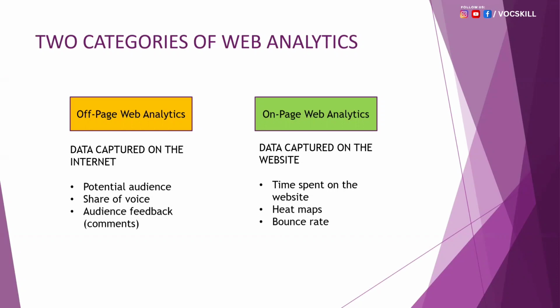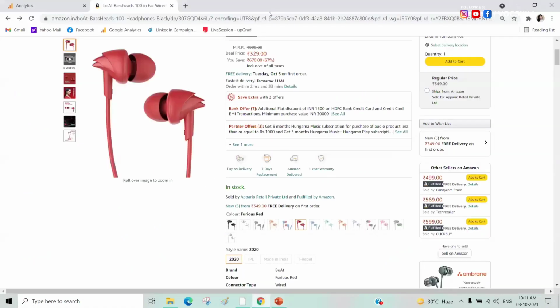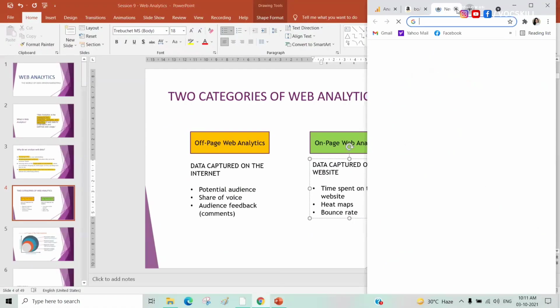So if I go to Amazon, I will on average spend 9 minutes on the website. However, there are people who will drop off within 1 minute, or people who will stay for 20 minutes, and that website will take the data and store it to understand how involved the person is. Heat map is literally, and I will show you, I'll just Google and show you how it looks.